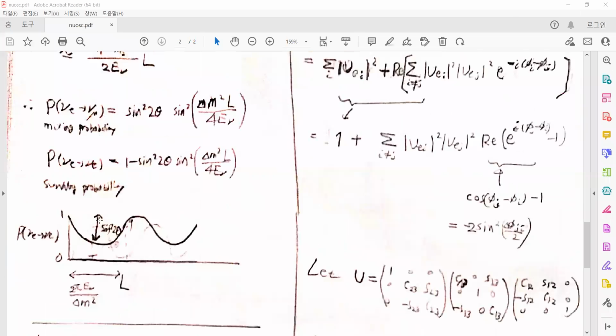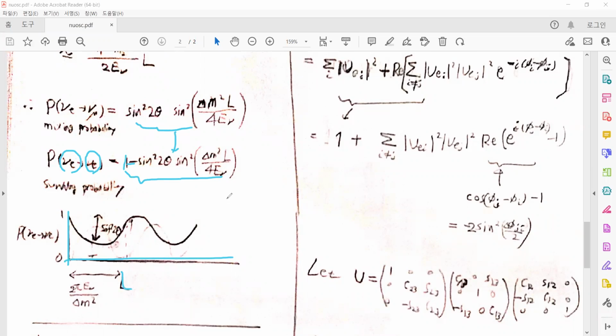So we can obtain the survival probability in the two-flavor case. The electron neutrino will survive as an electron neutrino with this probability, which is just 1 minus the previous one.